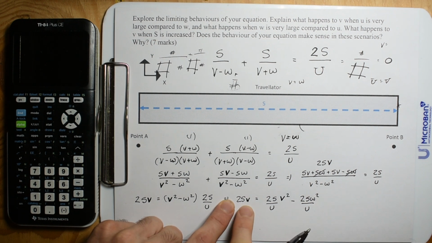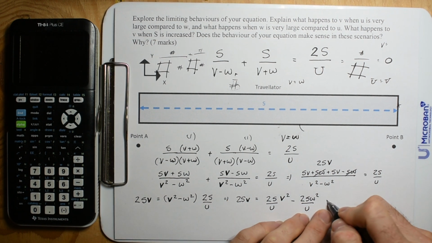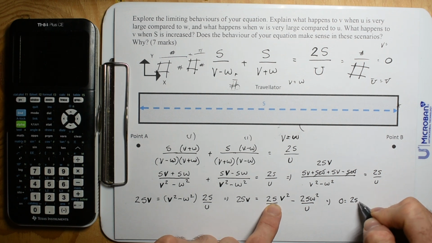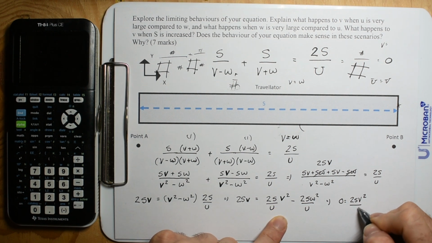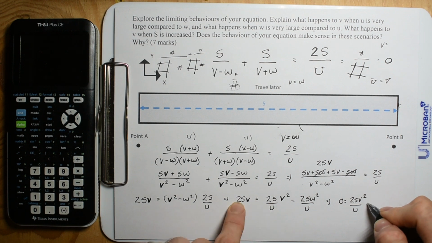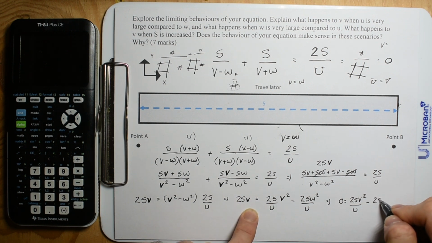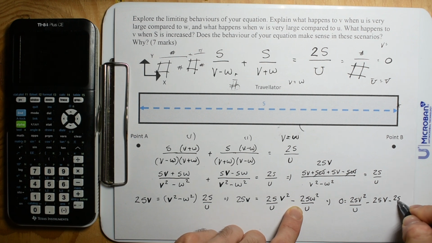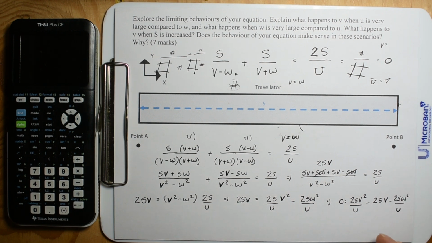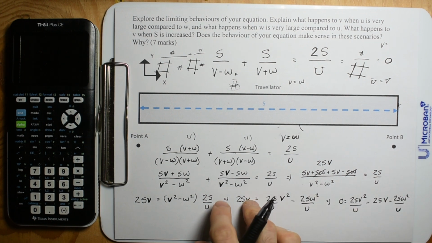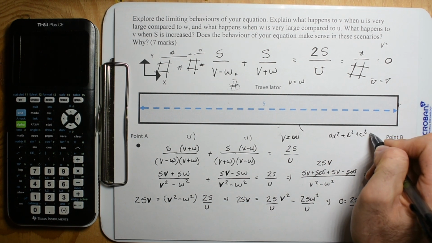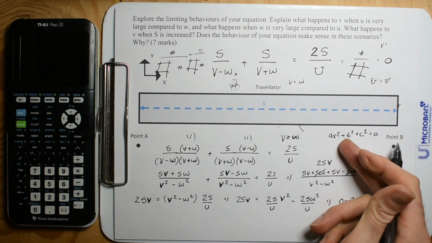We need to get this V term over there. So I'm going to say 0 is equal to 2S V squared divided by U, minus 2S V, minus 2SW squared divided by U. If you didn't do this with numbers, even doing the quadratic equation with letters is hard enough.